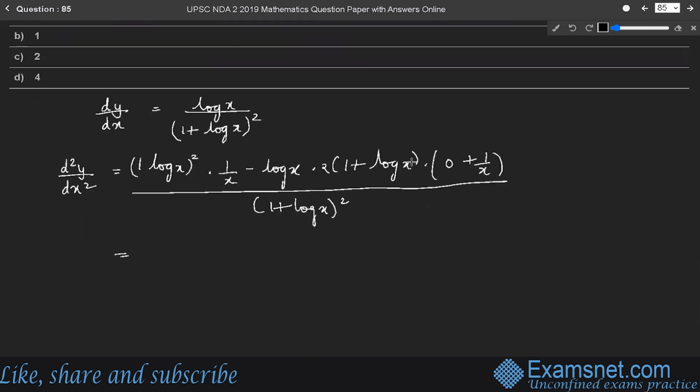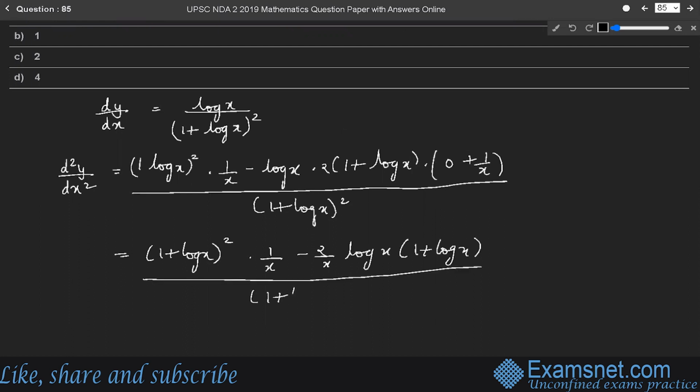So, this will be equal to 1 plus log x whole square into 1 upon x minus 2 upon x log x into 1 plus log x, divided by 1 plus log x whole square.